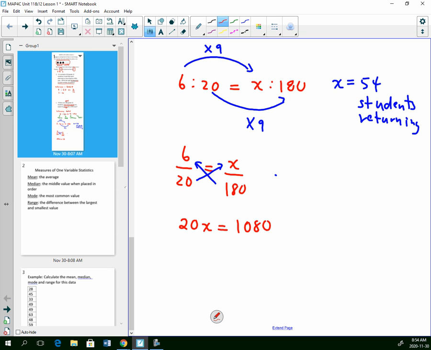And then I would have to divide by 20 to solve for X. And we get the same answer as 54. Okay, so you can solve ratios in one of two ways. You can figure out what I multiplied or divided by and do the same to the other term, or you can do it as a fraction. One ratio equals the second ratio and then cross multiply.